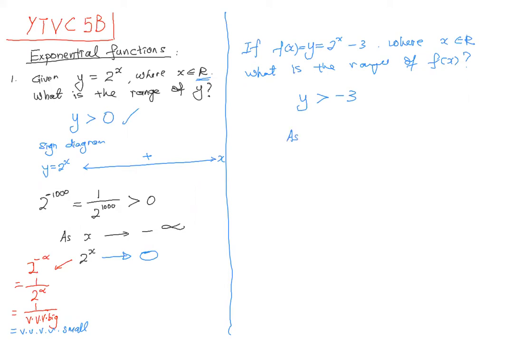As x approaches negative infinity, what will happen to 2 to the power of x? It will approach 0. So what happens to my f(x), which is 2 to the power x minus 3? You will approach -3 from above.